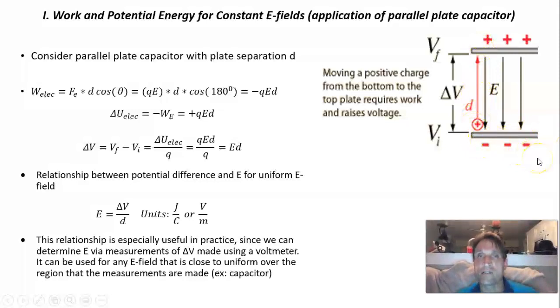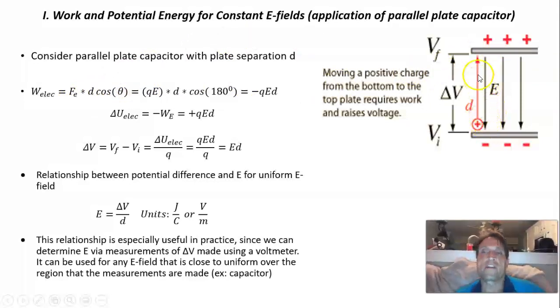So let's calculate the work done by the electric field. If the force is constant so that we don't need to integrate, and if the distance d is the distance at which the charge is moved, then the force is equal to the electrical force, which is QE, pointing down, times the displacement d, times the cosine of the angle between the electric field and the displacement.